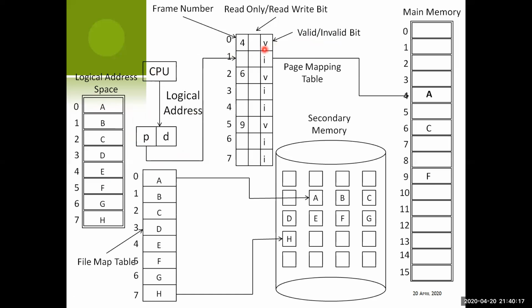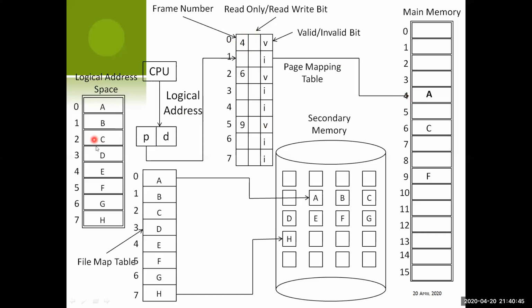It is set as valid, so we will move further. We will check whether it is read-write or read-only. After this, we will find the frame number of memory, and adding the offset D to this frame number, we will locate the physical location of this particular page.